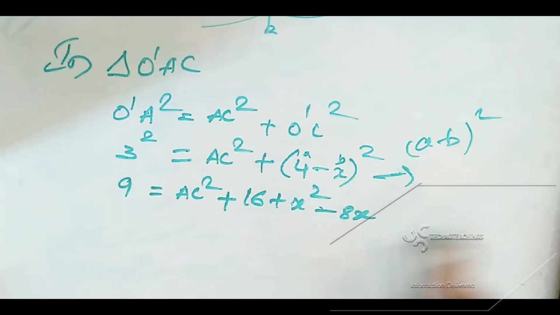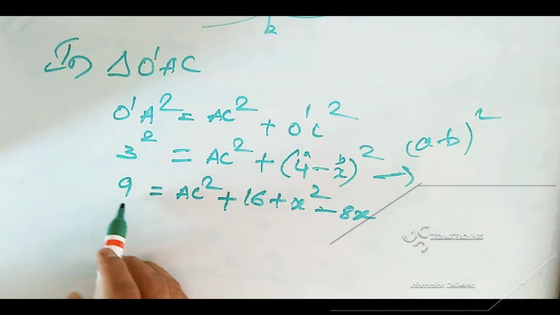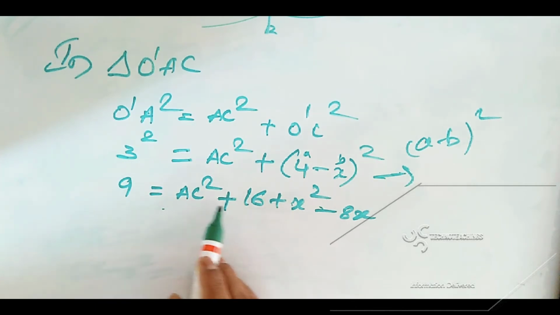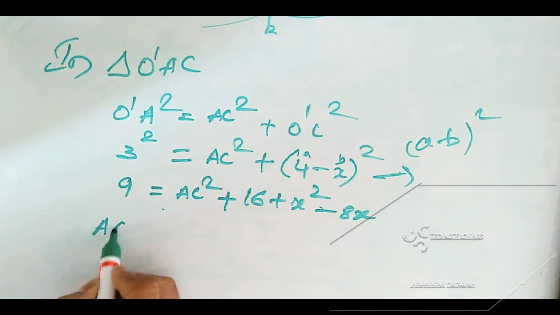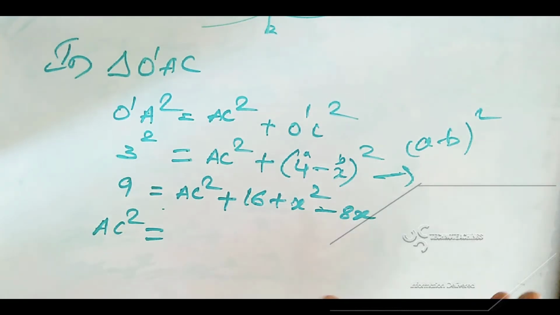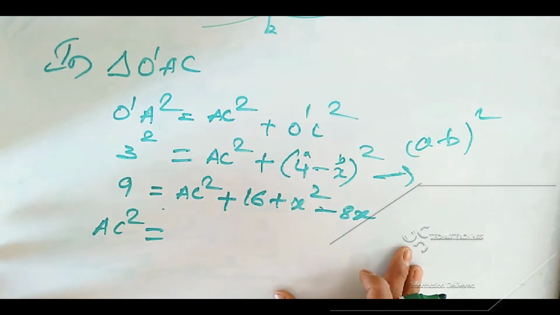So friends, now I got the expression. Again I'll rearrange this expression. So I'll repeat, 9 equals AC square plus 16 plus x square minus 8x. Now I want AC square equal to, I'll bring the terms from the right hand side, the terms are being shifted to the left hand side.